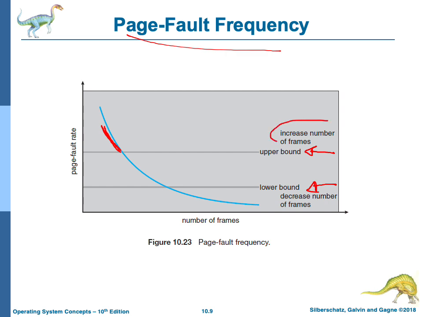And so we're going to increase the number of frames allocated to that process to prevent thrashing. And once the page fault rate goes below the lower bound, then we know that that process has more frames than it actually needs. Okay, then what we do is we take some frames out of that process to give to another process in need.